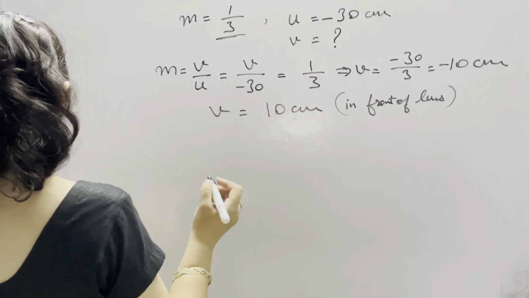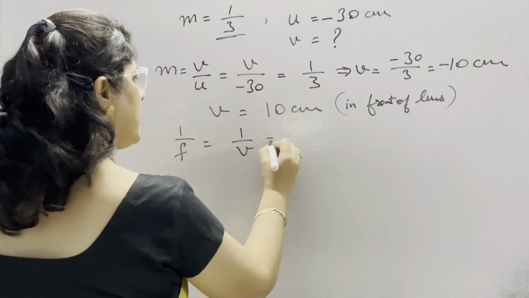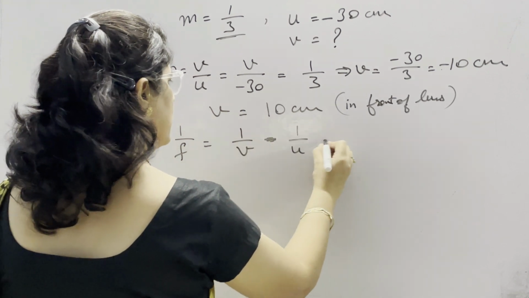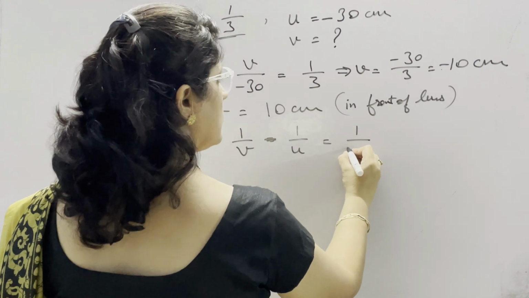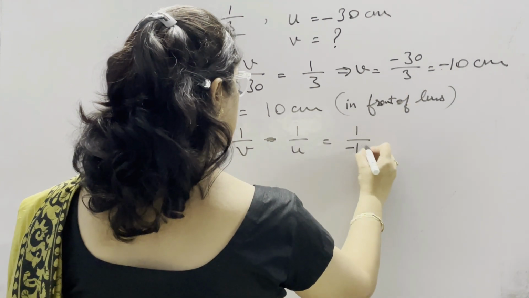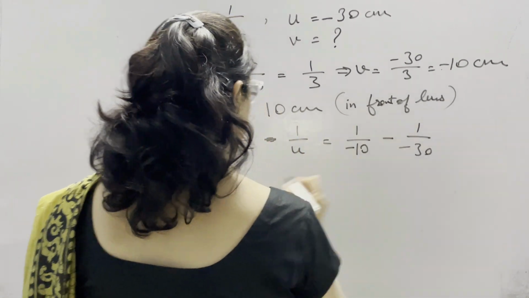Now coming to second part, the focal length of the lens. Now 1 upon F is equal to 1 by V minus 1 by U. Now 1 by V is, we need to put minus 10, minus 1 upon U is minus 30.